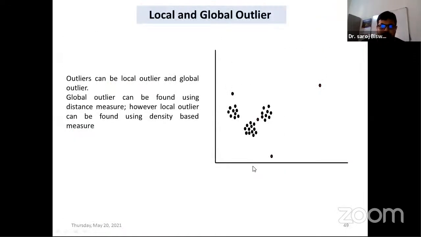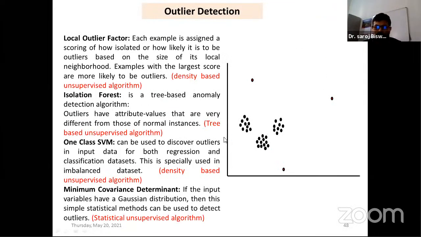So now coming here, we have the four most popular and conventional outlier detection techniques which are used especially for machine learning. The first one is called local outlier factor. Using local outlier factor, we can find the outliers. This technique uses the concept of nearest neighbor.